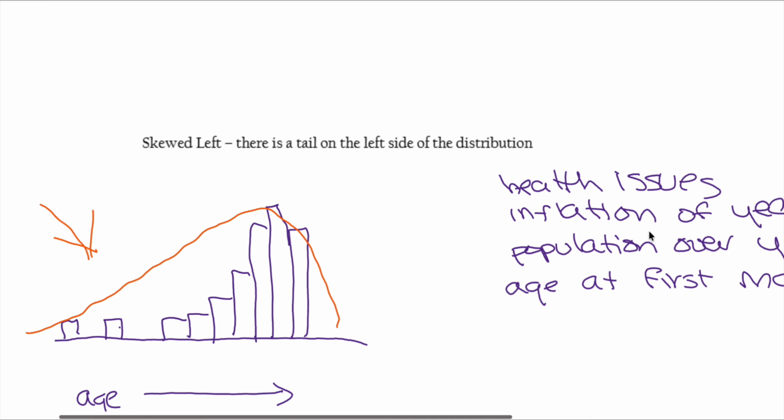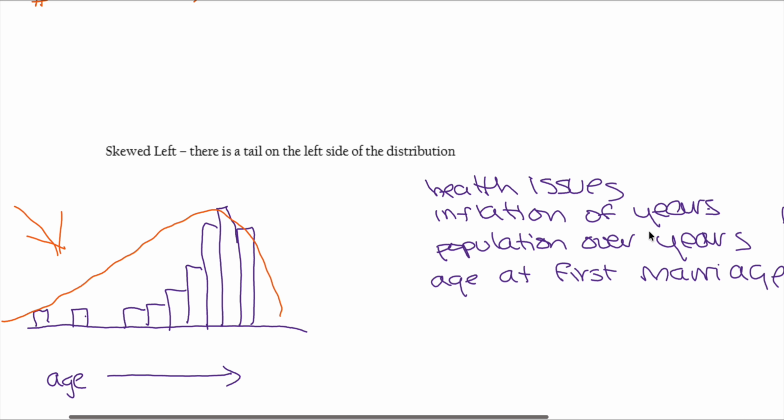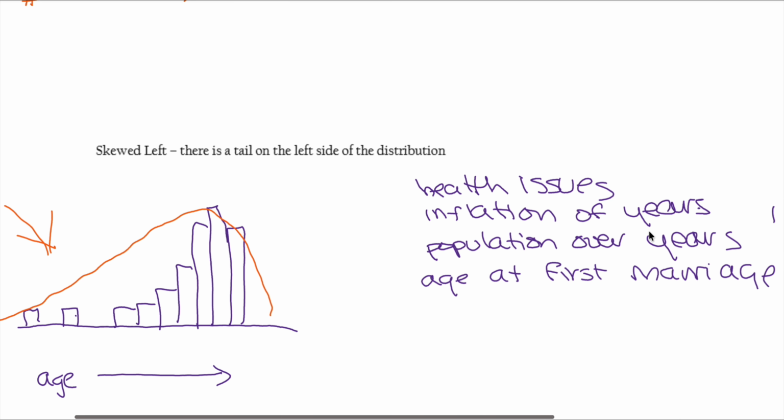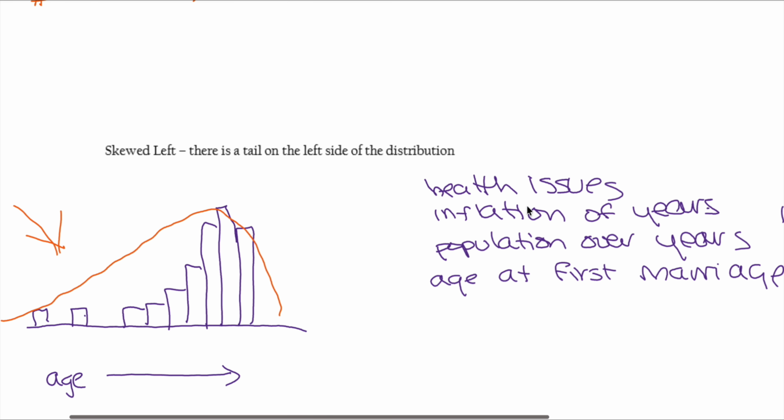And the skew left shape, which you can probably imagine, is the opposite of the skew right shape. So this means that there is a tail on the left side of the distribution. So right here, this is the tail and it's on the left. And some real life examples are health issues, inflation over years, population over years, and age at first marriage.